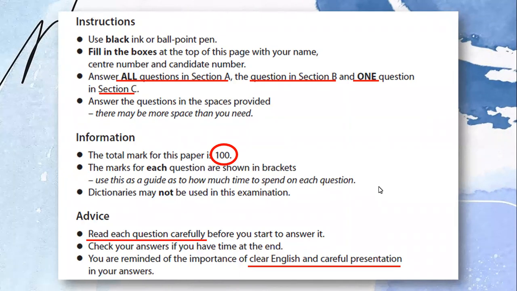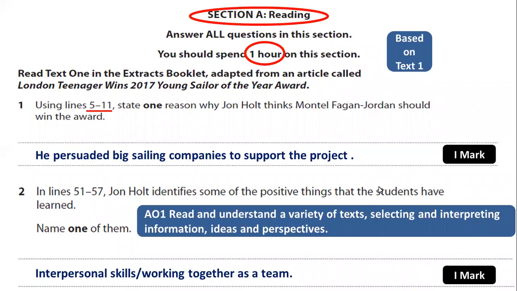Let's move on to the first few questions. It starts with answer all questions in this section, and you will see that you are given two texts, which we call the extracts. So in the booklet, you have two texts given. This is based on Text 1, Question 1.